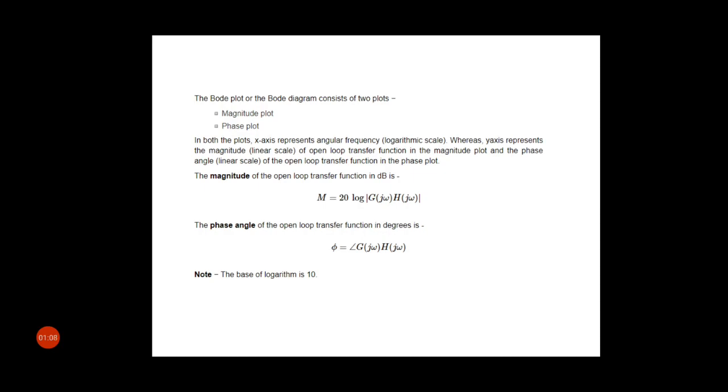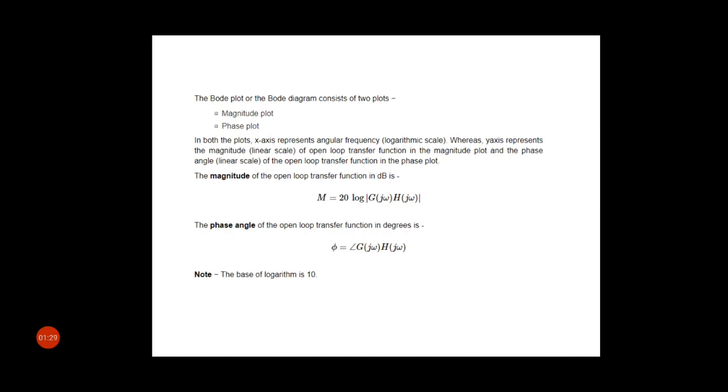For the magnitude plot, the y-axis is the magnitude of the open loop transfer function, and the magnitude of the open loop transfer function can be obtained by taking the modulus and 20 log.